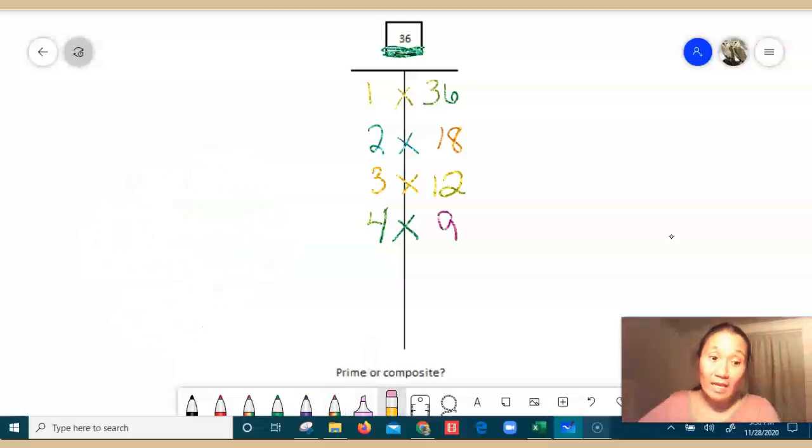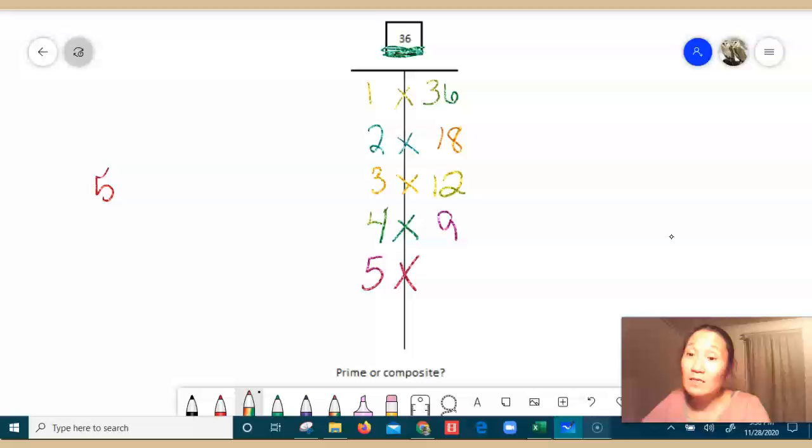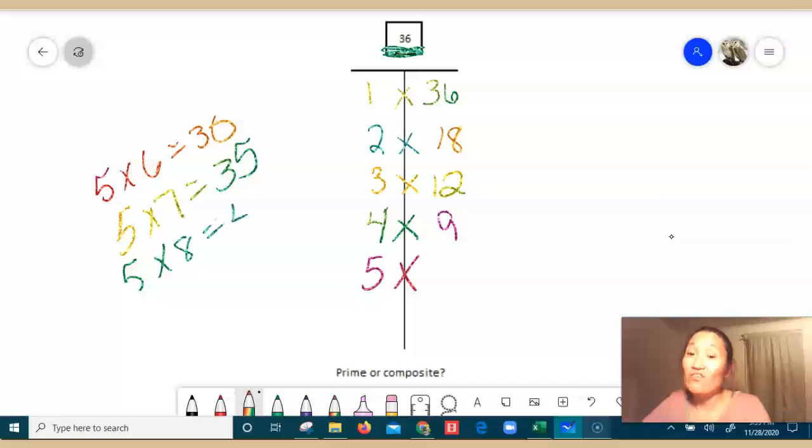Right now we haven't hit any doubles or any flip-flops, so we can keep going. Does 5 work? So we'll ask ourselves, does 5 times anything? Well, 5 times 6 is 30, and 5 times 7 is 35, and 5 times 8 is 40.